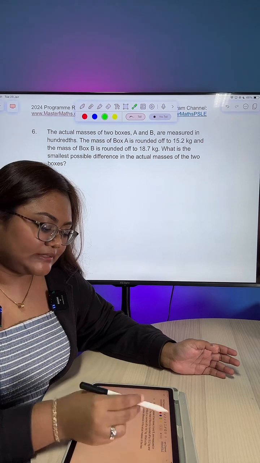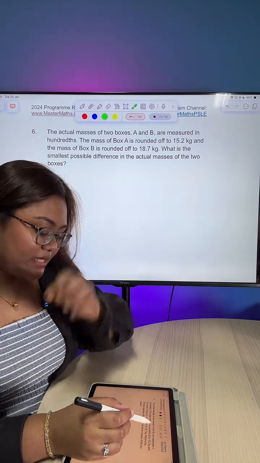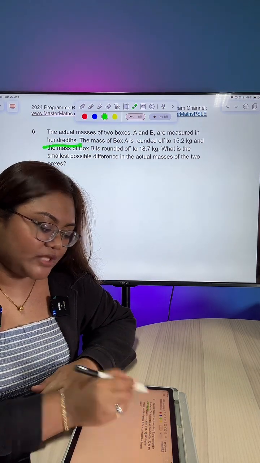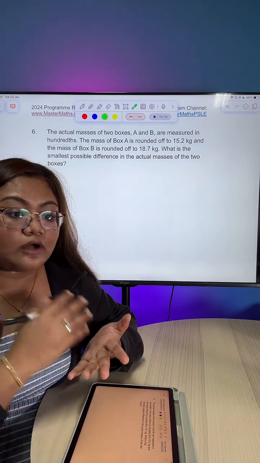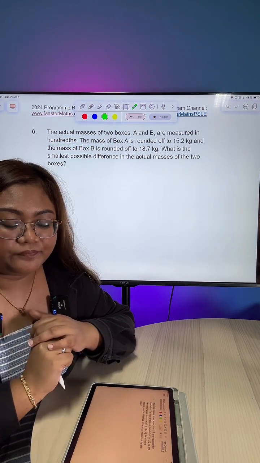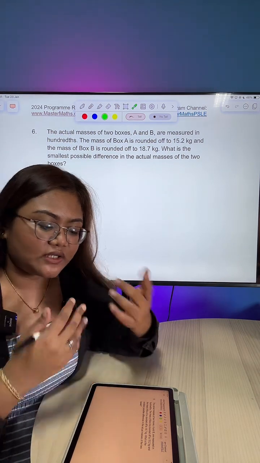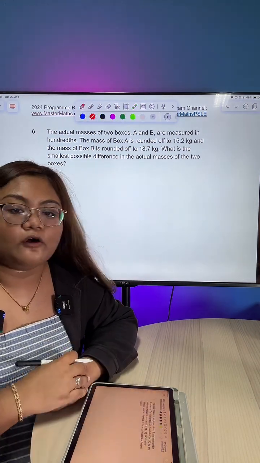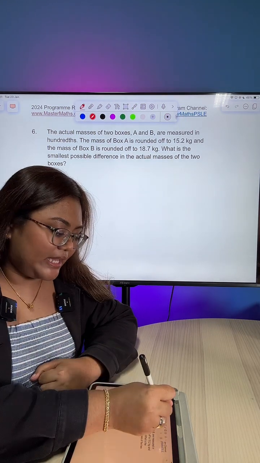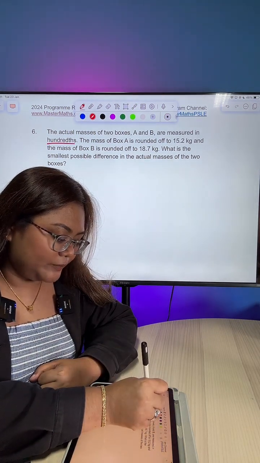We have 2 boxes, A and B, and the actual masses of the boxes are measured in hundredths. Hundredths means out of 100, agree? Just now we learned that tenths means with the THS, it means out of 10. So hundredths means out of 100, which means I have how many decimal places, guys?